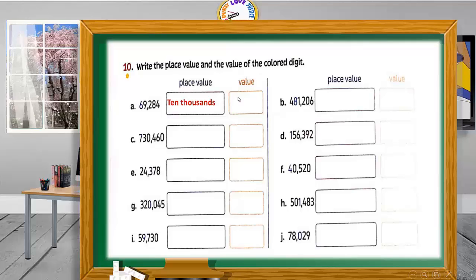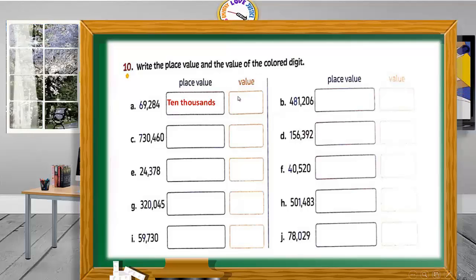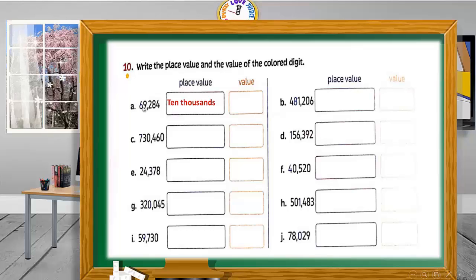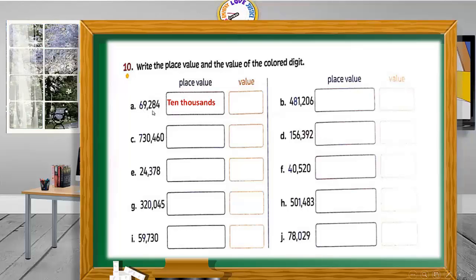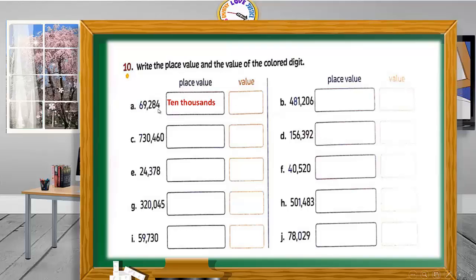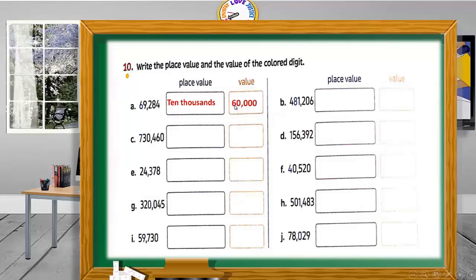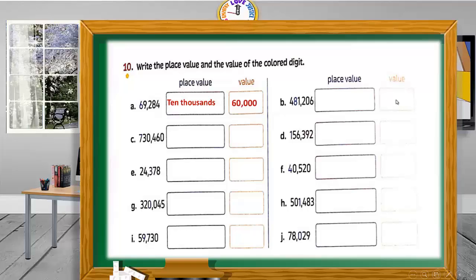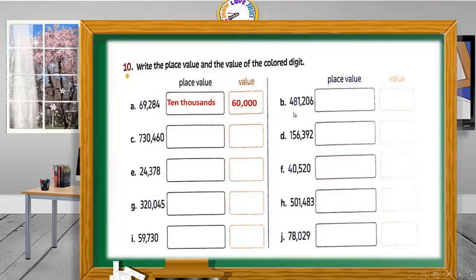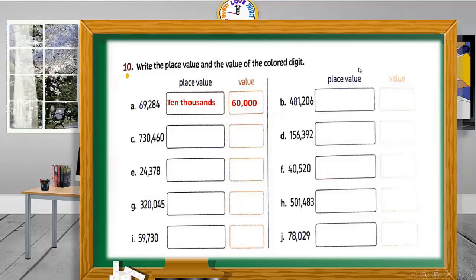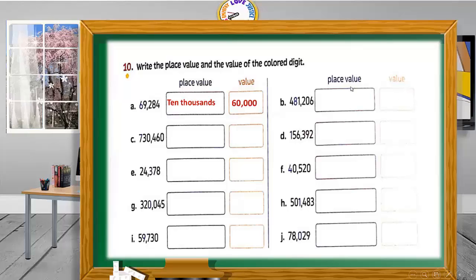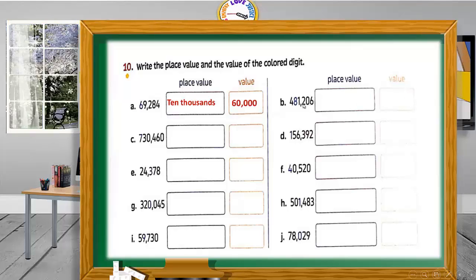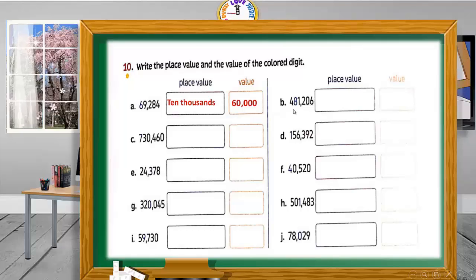And he asks you about value. We said for value, you should take the colored number, put it here, and write zeros instead of all digits after 6. So the value equals 60,000. Okay, next one, B. The colored digit is 8. In which place and what is the value? Which place meaning in which house, in which room.